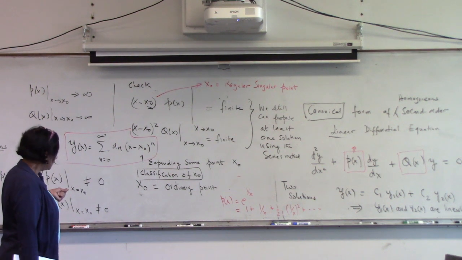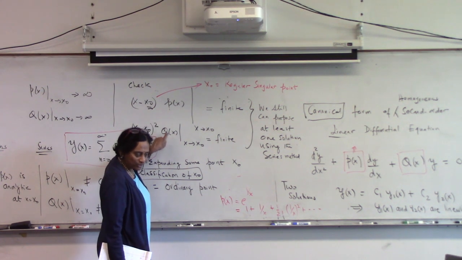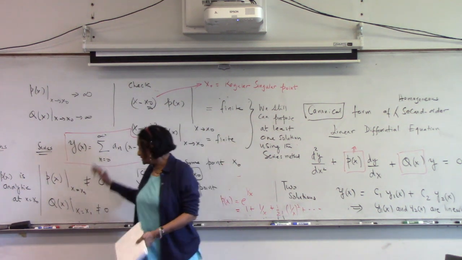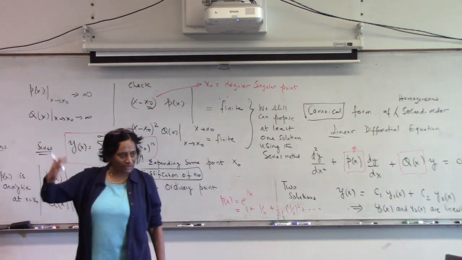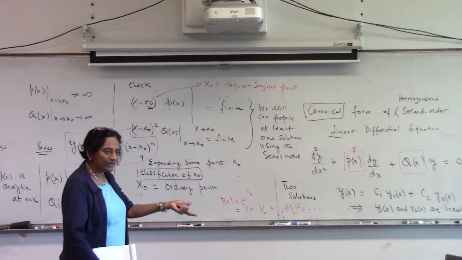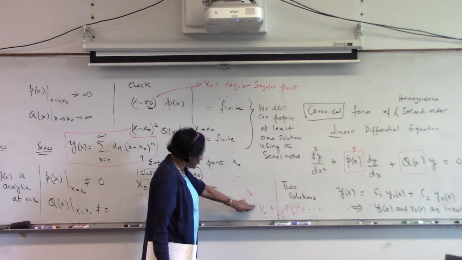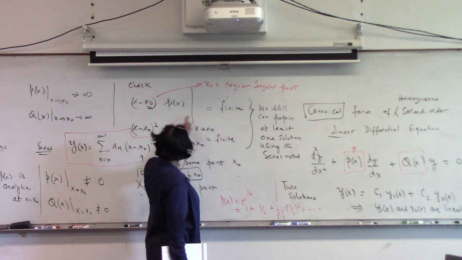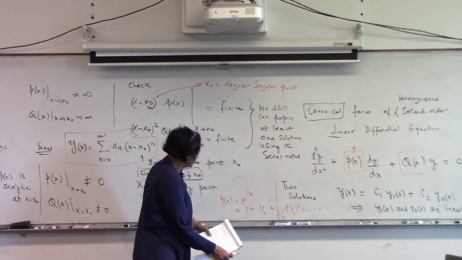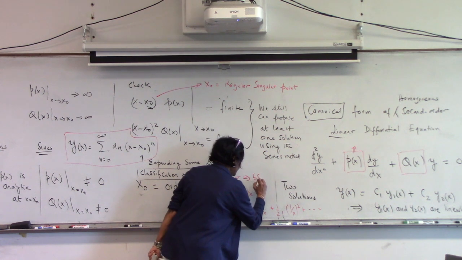But if it has a singularity that I can remove by this procedure, I may still be able to propose one of the solutions as a series, and we'll have to devise other methods to calculate the second solution using the Wronskian, because I know the Wronskian can build an independent solution. But if I cannot remove the singularity at all by this procedure, then x equal to 0 in this case is an essential singularity.